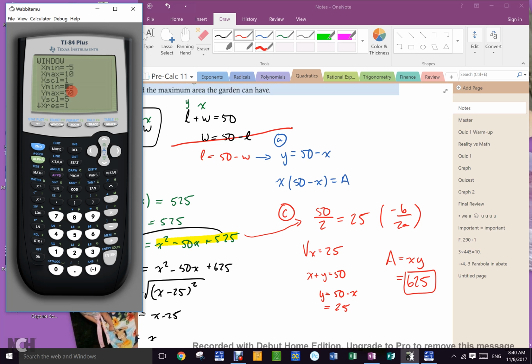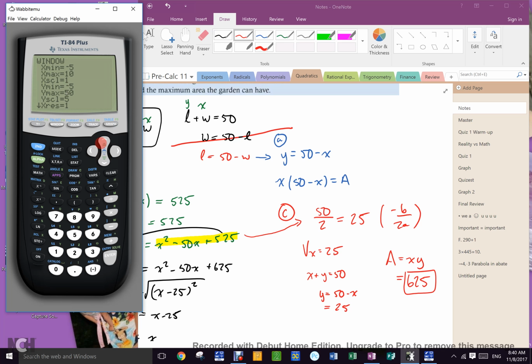Yeah? Everyone cool? So also, this is a real life problem, yeah? So can we have negatives? Can I have a negative length or a negative width? So I don't need the negatives, do I? So let's change our y's maybe to what? -5. We like to have a little negative showing in case we dip, yeah?